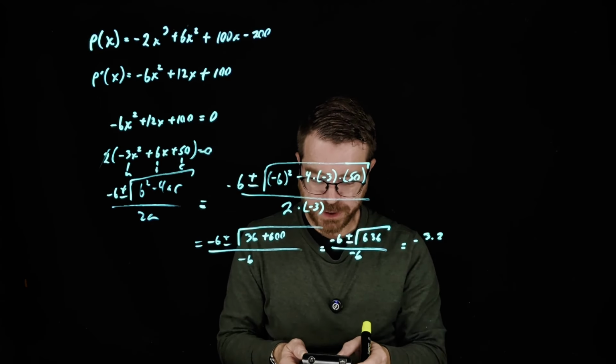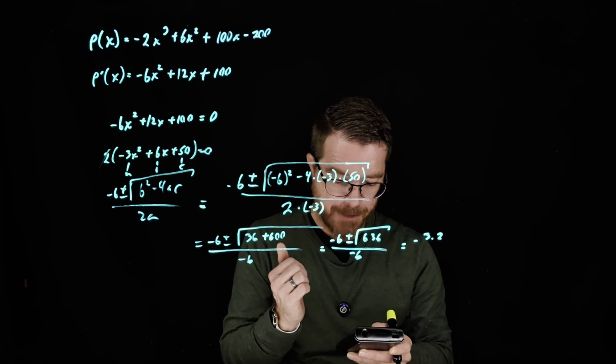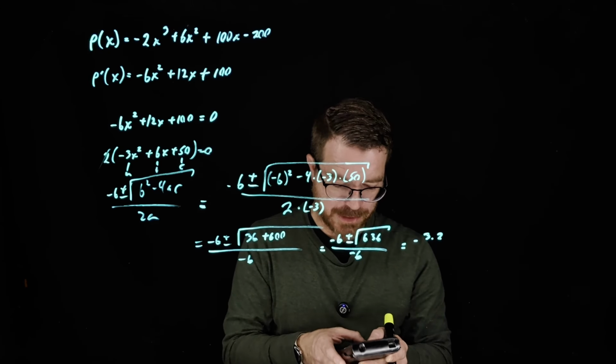Or if I were to do negative 6 minus this square root over negative 6, I'm going to get a value of 5.203, so 5.2. Okay, so these are my two possible candidates.